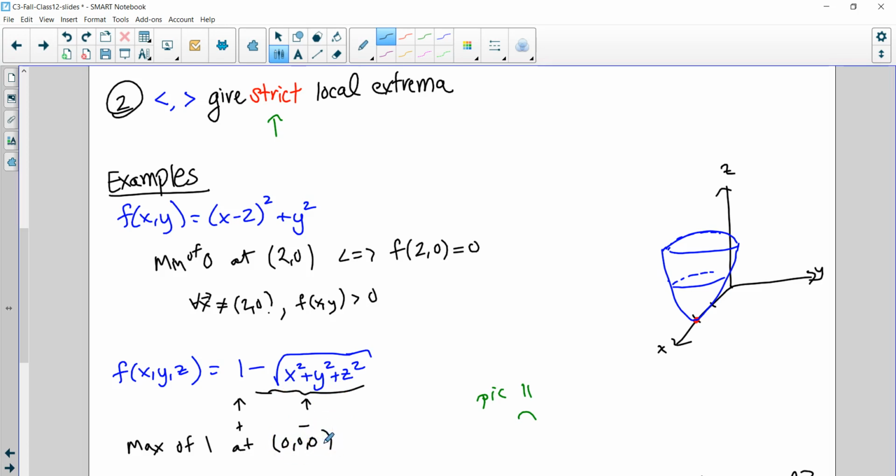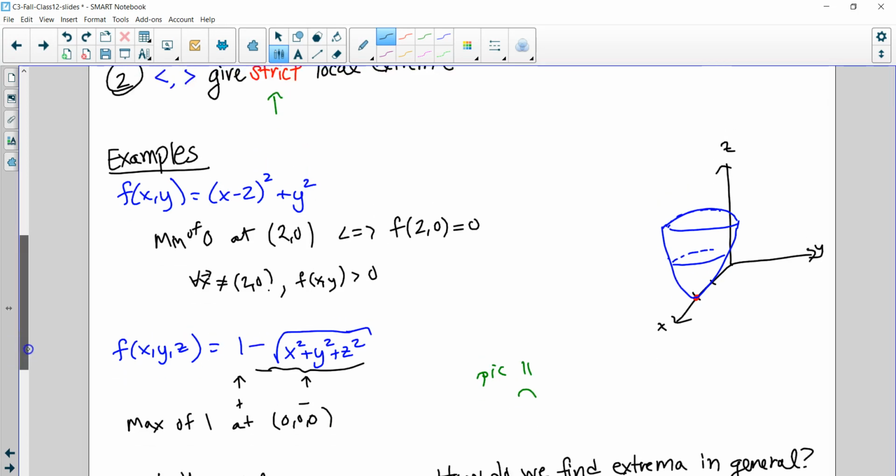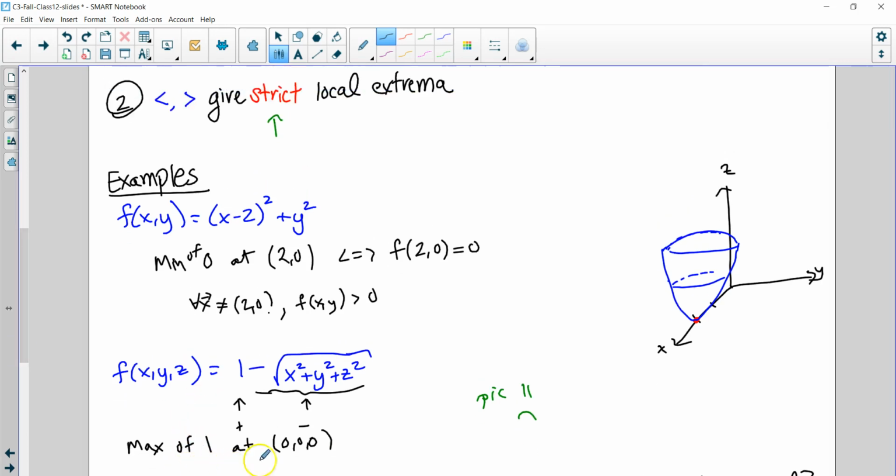Okay, and then I can also include the language that, well, for all x not equal to 0, that implies that f of vector x is going to be less than 0. Okay, hence giving more weight to my argument of maximums and minimums.